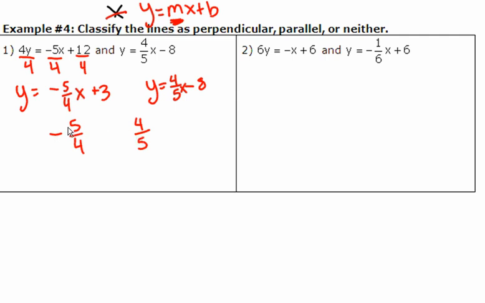Well, -5/4, the opposite would be positive. The reciprocal would mean I would flip my fraction. So the opposite reciprocal of -5/4 is +4/5. Since my other slope is +4/5, these are opposite reciprocals. So my lines are perpendicular.